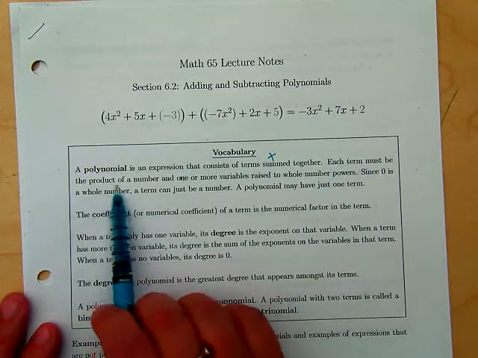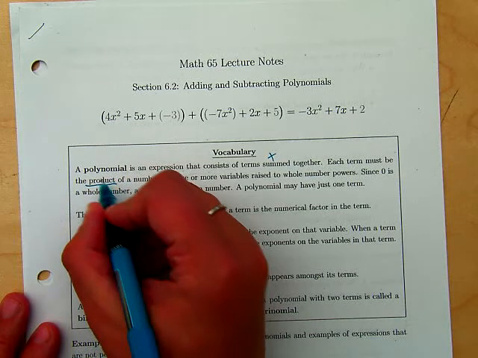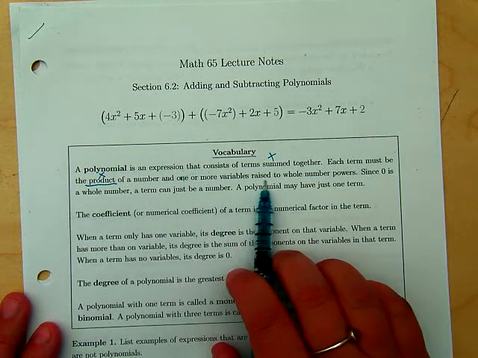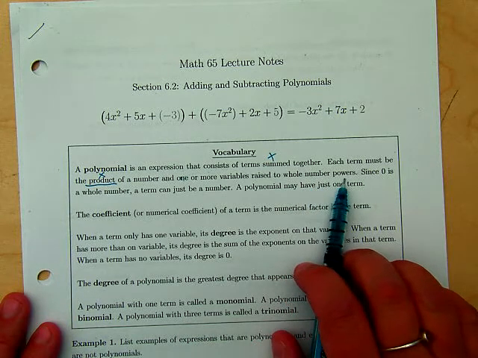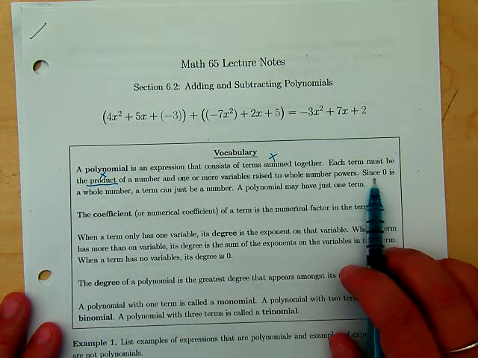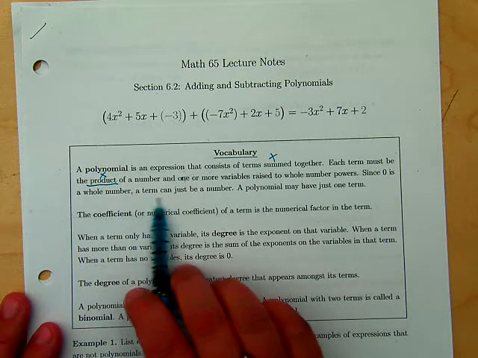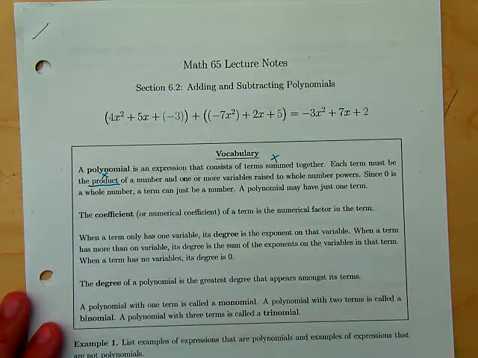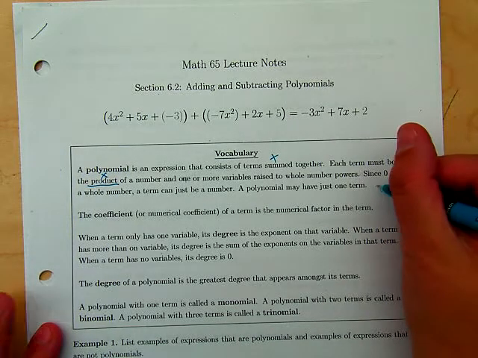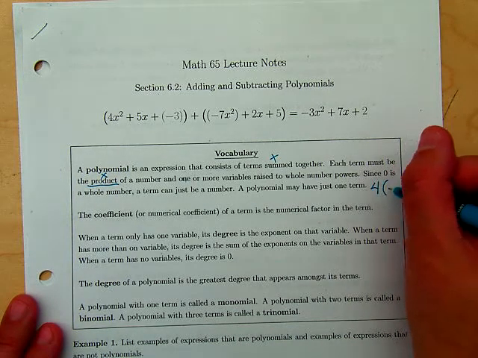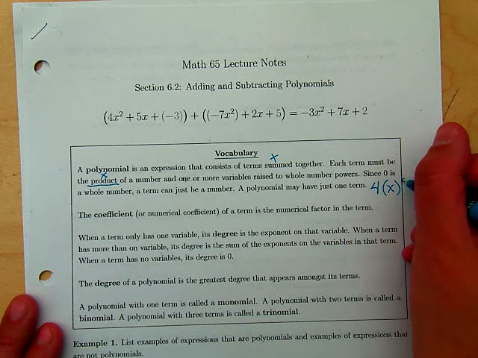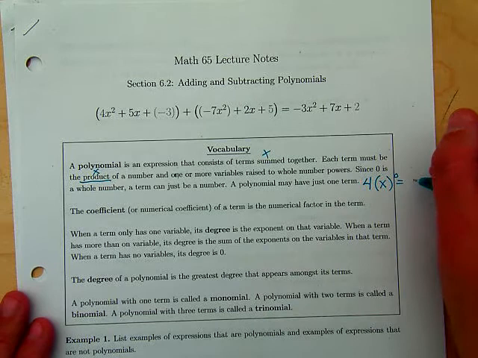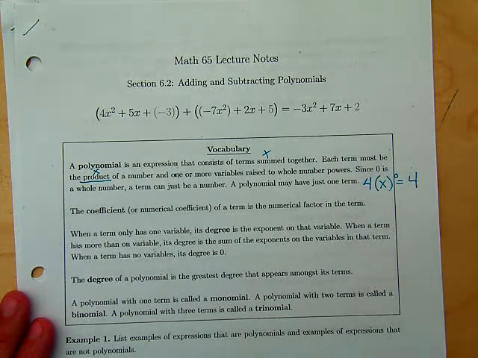Each term must be a product, and product means multiply, of a number and one or more variables raised to whole number powers. Since 0 is a whole number, a term can just be a number. A polynomial must have one term. What they mean by that is if I had 4 times x to the 0 power, that would be the same thing as 4 times 1, so it would actually be 4.